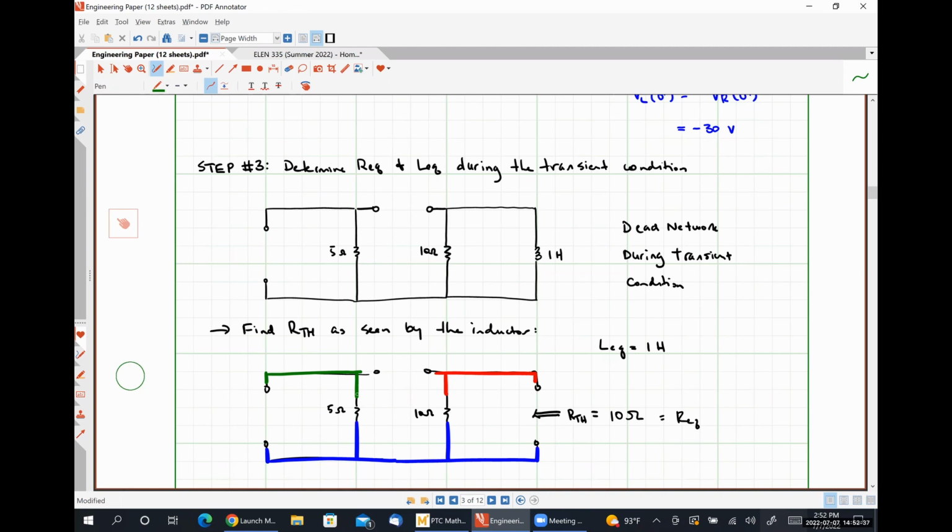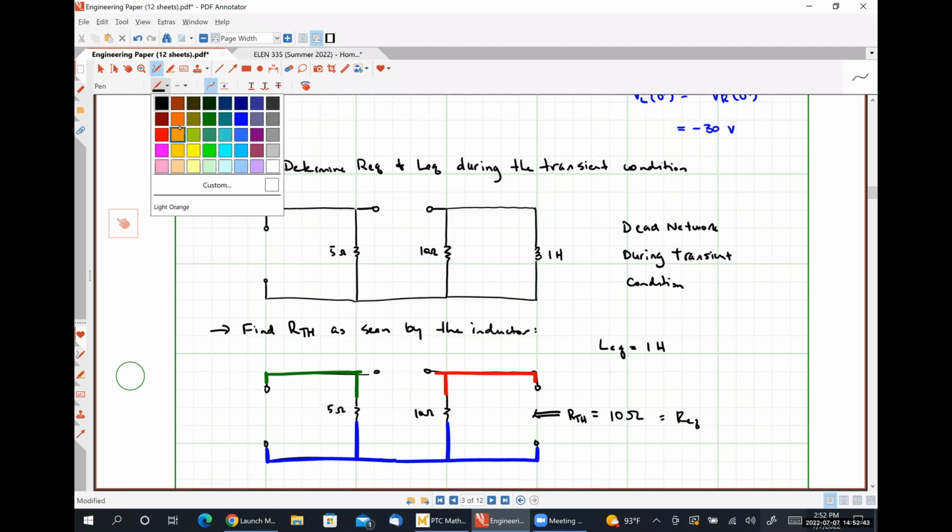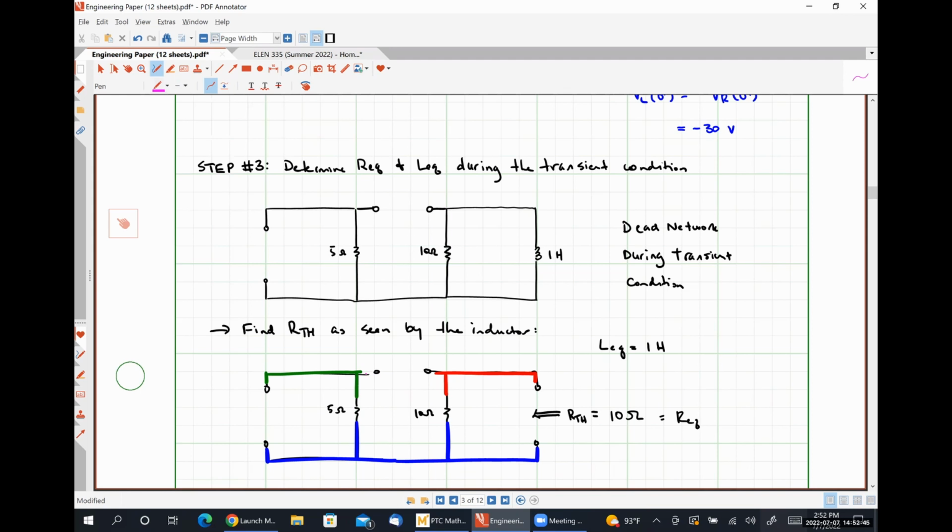So just to make sure this is super clear, if we had a network that looks something like this, let's call this an 8 ohm resistor, we would actually have to do some sort of resistor combination techniques, because this would look like 13 in parallel with 10 when we're looking in through that right-hand set of terminals.